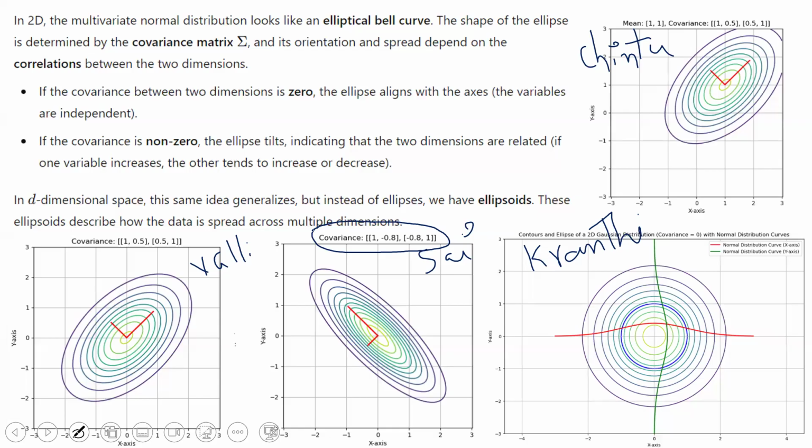From the graph, we can say that mean is zero because it is clearly indicated that the center of this distribution is at 0. Yes, so the mean is 0. Now, what is the variance along x-axis?